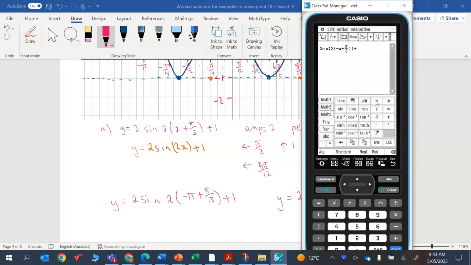Close your brackets plus 1. You'll notice in the calculator they've opened the brackets there at the 2, so just make sure you put another bracket in there. And it should probably give you the first answer.